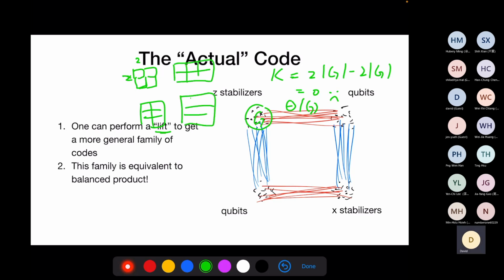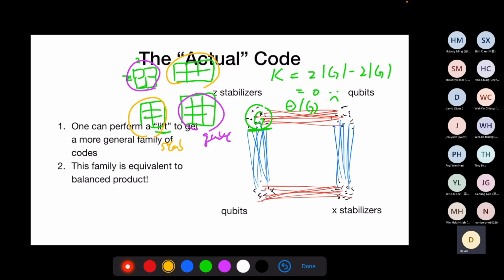So you can do some kind of lift to change the number of vertices. In this example, say these two are qubits, and these two are qubits, and these two are stabilizers.